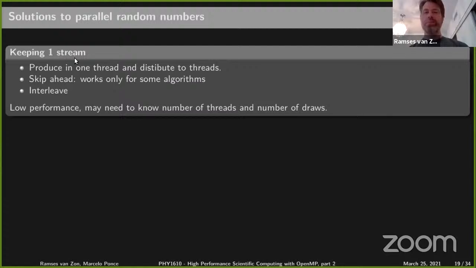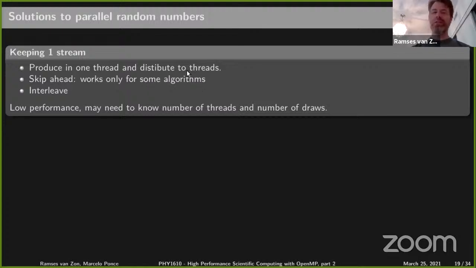You can also try to keep one stream, but try and see if it's possible to skip some numbers. So you could say, well, I want 1 million numbers, but I want it for, say, 8 threads. So why can't I have 125,000 numbers for one thread, and then the next thread just skips over those? Now, skipping over that is not necessarily always possible, because to skip over that, I would have to do all those intermediate ones. Some algorithms allow shortcuts in which you can make that skip ahead. And so you could use that in those cases.